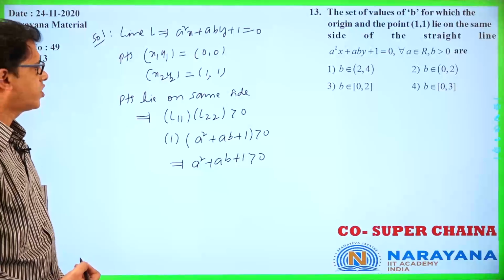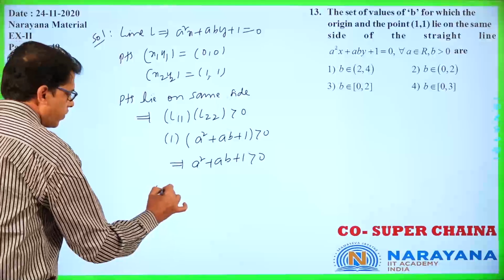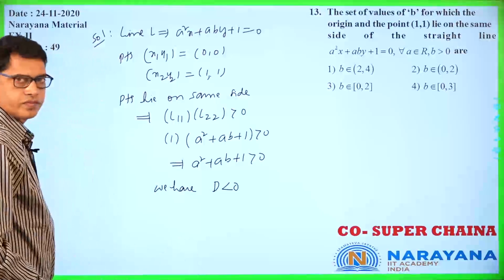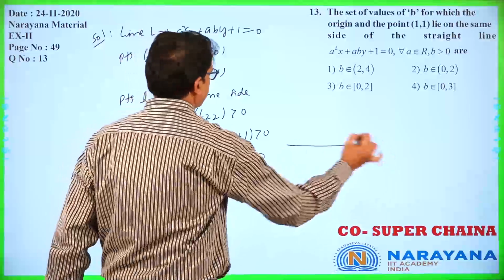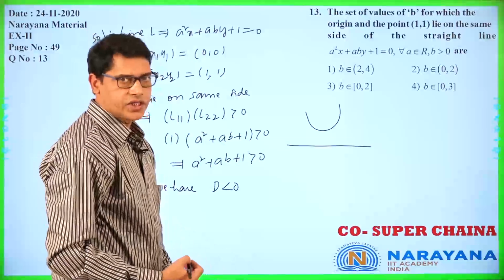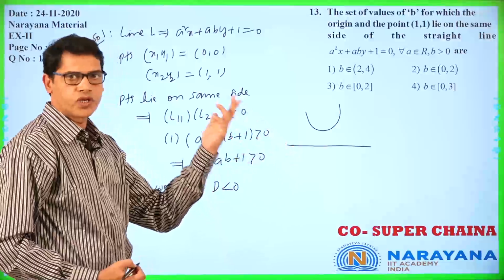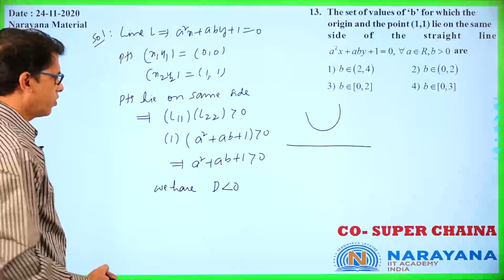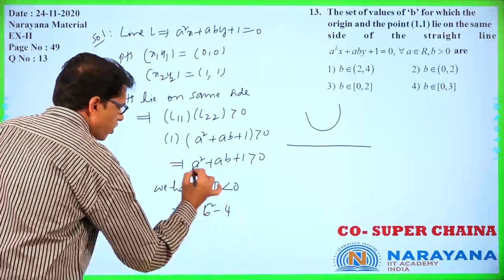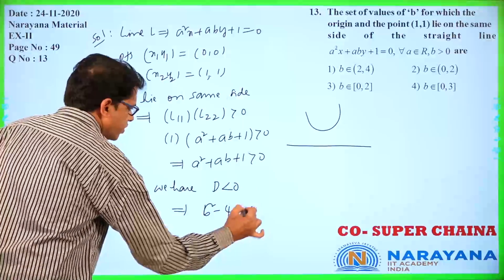Positive means it neither touches nor intersects the axis, so there are no real roots; the roots are imaginary. D less than 0, so b square minus 4ac is less than 0.